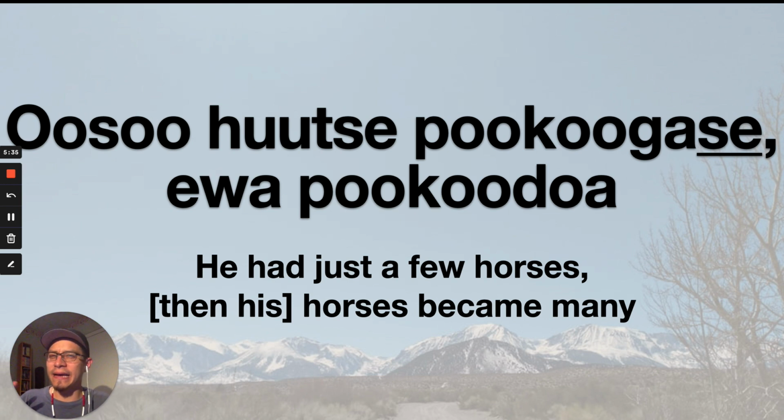There could be various ways to translate these kinds of sentences, but the important thing is to make it clear that whatever verb has the si suffix is the one that occurs before whatever comes next.